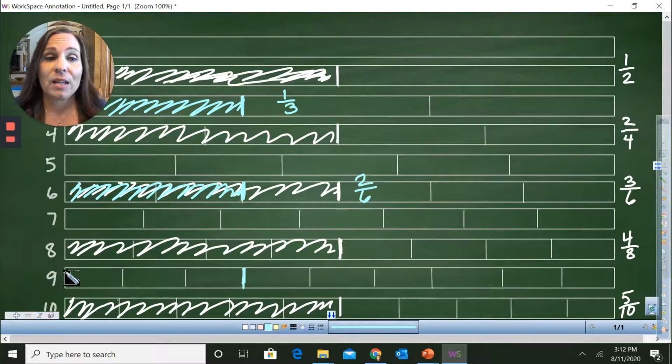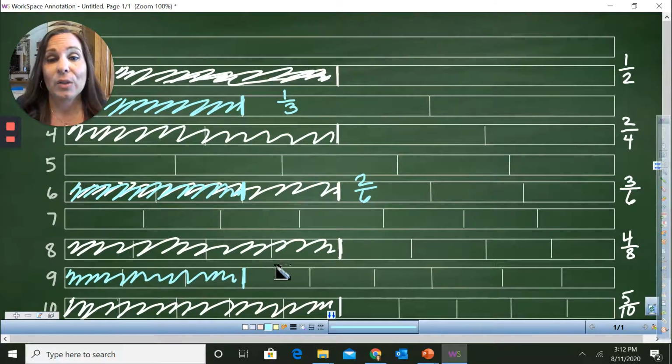And then on the 9th, where I shade in 1/3, I'm shading in 3 out of 9. Right, but all of those are showing a third, but I had to shade more pieces because they were broken into smaller pieces, right? So to show 1/3, I had to shade 2 of them on the 6th line, and I had to shade 3 of them on the 9th line.